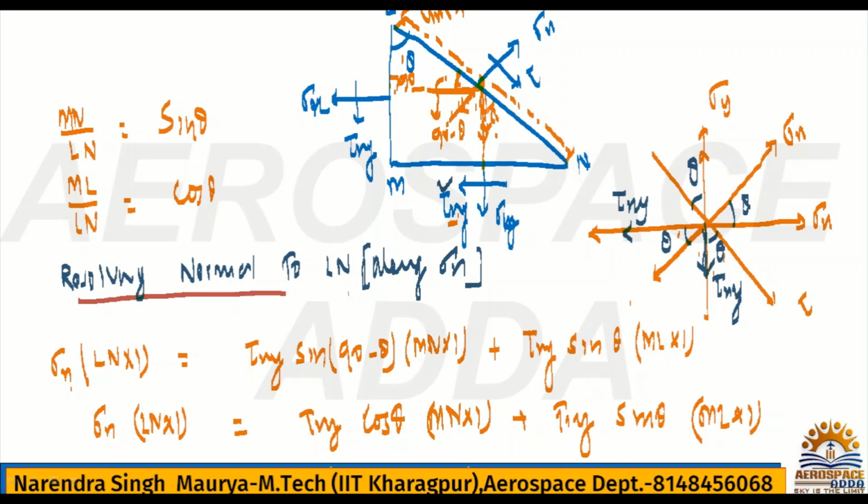Similarly, if you check the component I had resolved there, this is the tau xy and this will be theta. So along this direction it is tau xy cos theta. This tau xy cos theta on this direction is for ml, and that will be in negative sign. So what value will you write here?